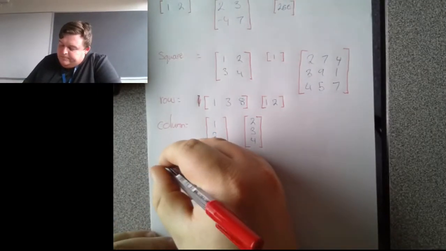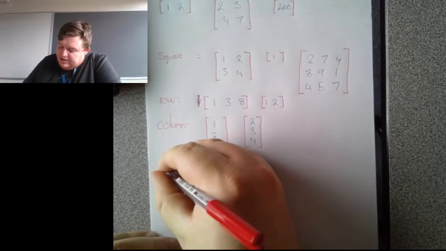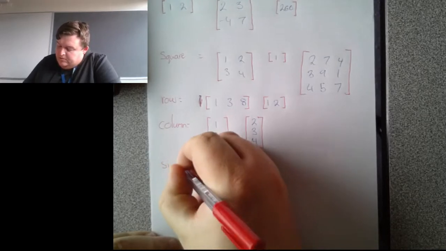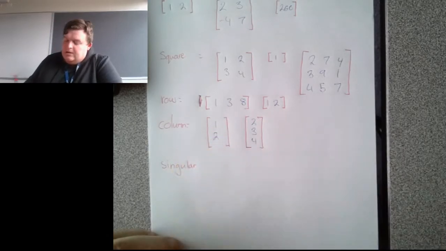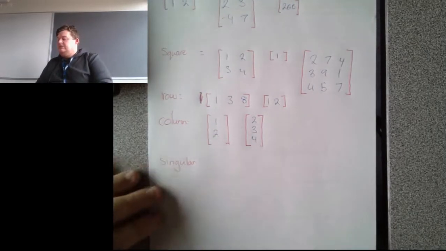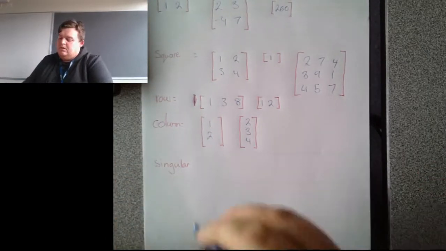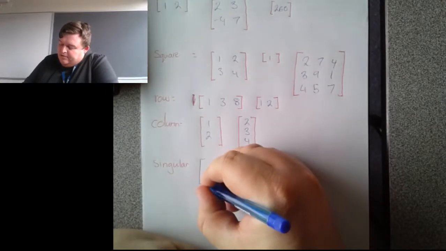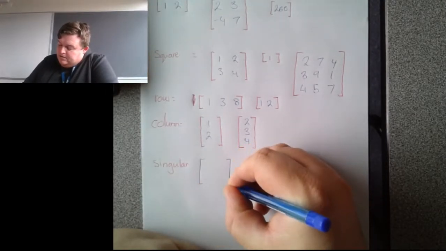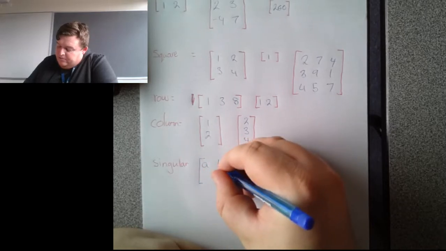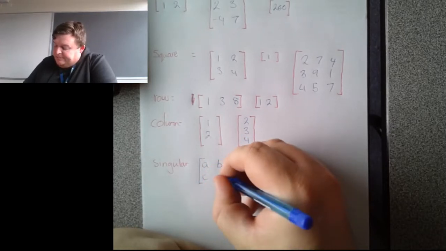We also have singular, which is a little more complicated. So this gets into what's called the determinant. But essentially, this is your matrix form. I'm just putting letters in to represent these elements.